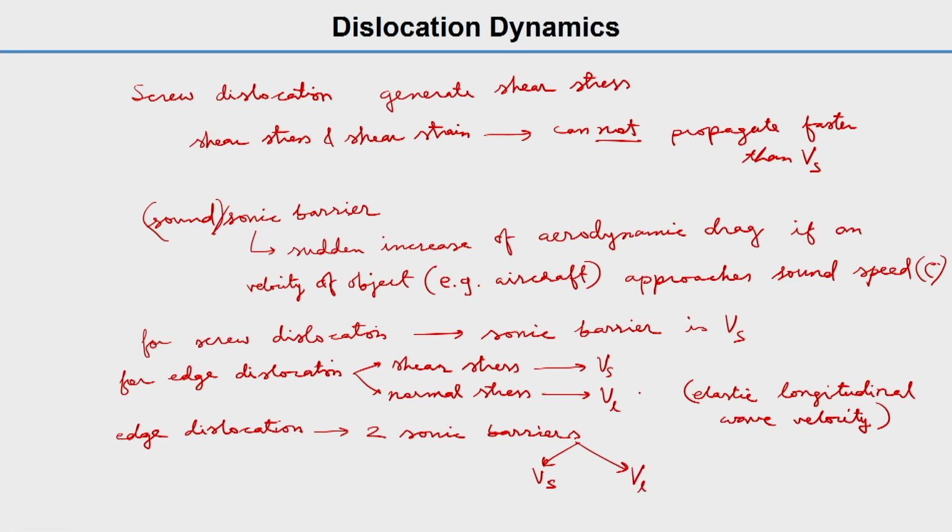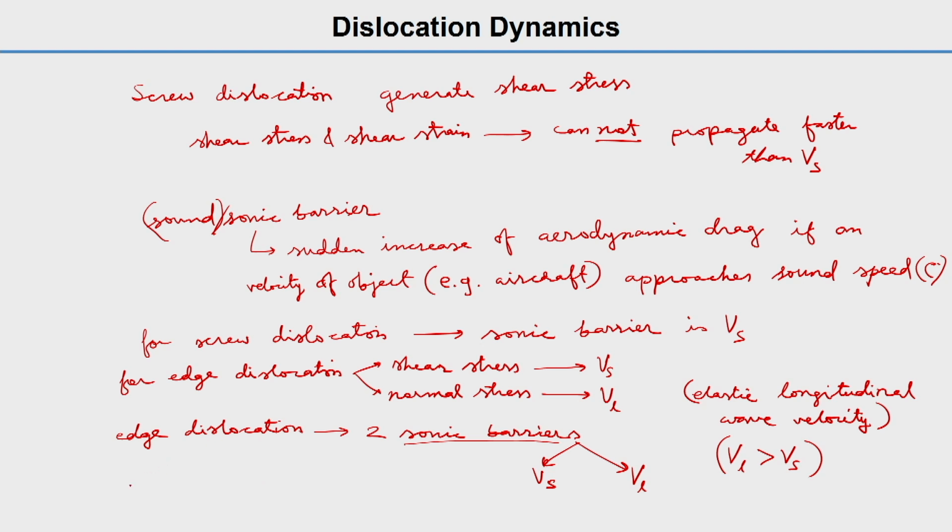As we know, Vl, the longitudinal wave velocity, is higher than Vs. The longitudinal wave velocity is probably 2 times that of the shear wave velocity. It is believed that there are two sonic barriers for edge dislocation.